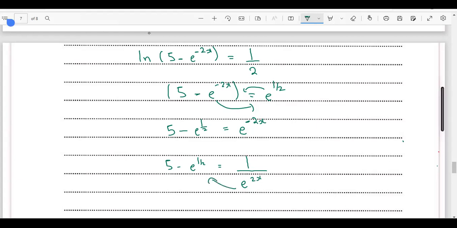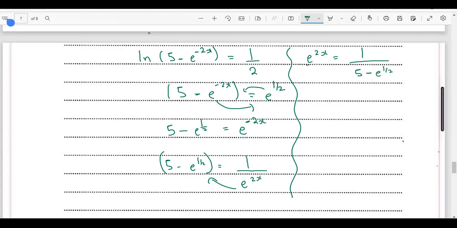Now I can take this there and bring this factor into the denominator, and I would get e to the power 2x equals 1 over 5 minus e to the power 1 by 2.